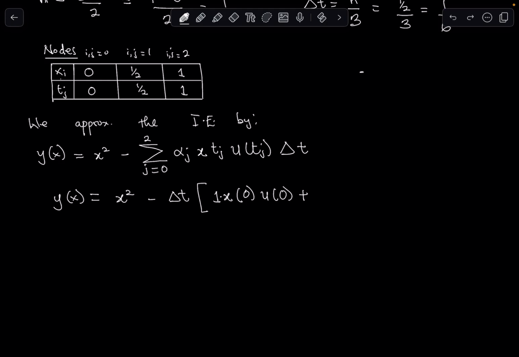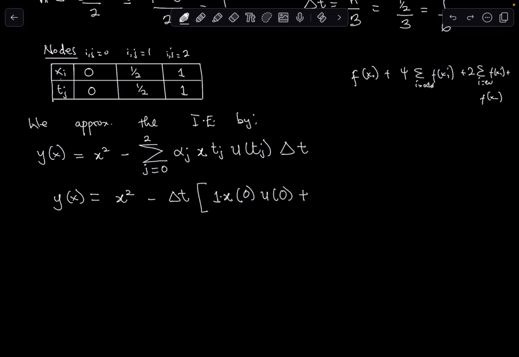The formula is going to be f of x naught plus 4 summation i when it is odd of f of x i plus 2 summation i when it's even of f of x i plus f of xn, right? So with the functional values with odd indices are going to be multiplied by 4.